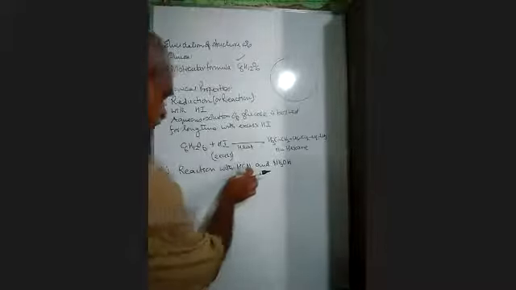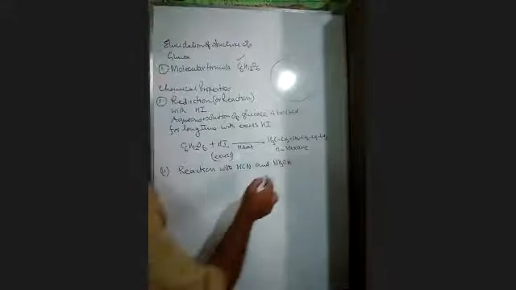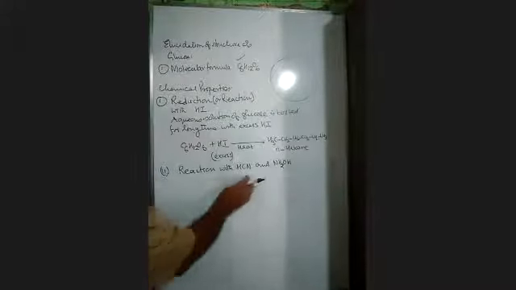We know hydrogen cyanide undergoes addition reaction with aldehydes and ketones, and hydroxylamine undergoes addition-elimination reaction with aldehydes and ketones to form oximes. So we have taken 2 different reagents showing 2 different types of reactions. So, reaction with hydrogen cyanide.